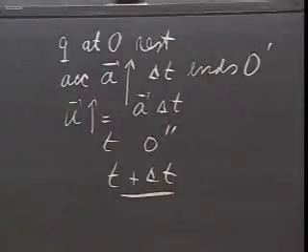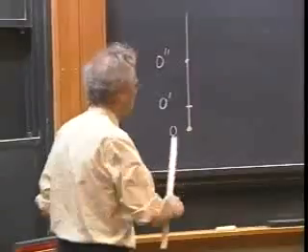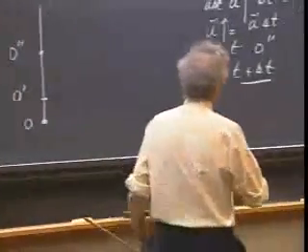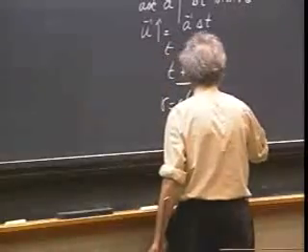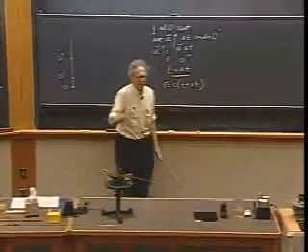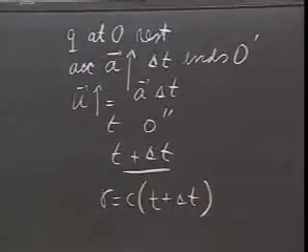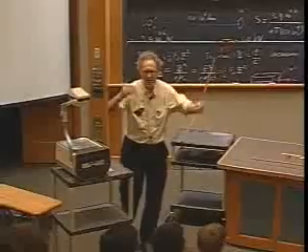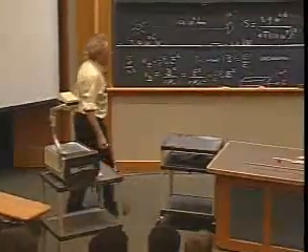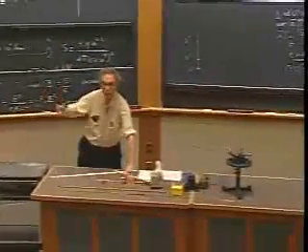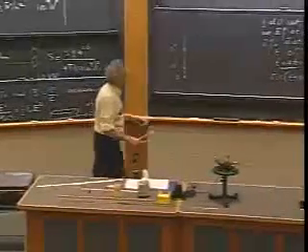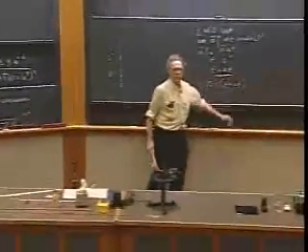That means there is a sphere around point O, and that sphere has a radius which is c times (t plus delta t). Outside that sphere, the world has no knowledge that this charge was accelerated, because that message has to travel with the speed of light. So I'm going to draw a circle, but in reality it is a sphere in all directions, which has a radius c times (t plus delta t).